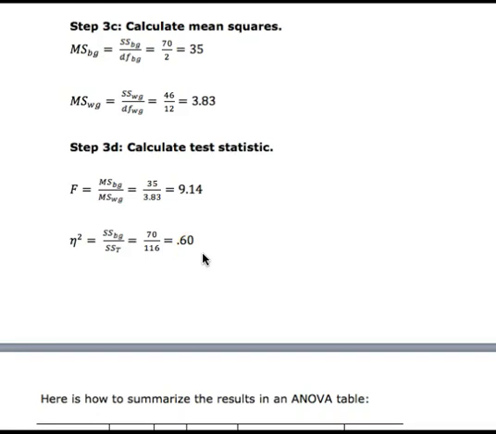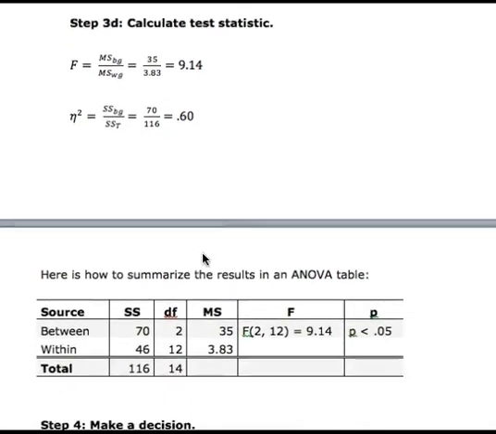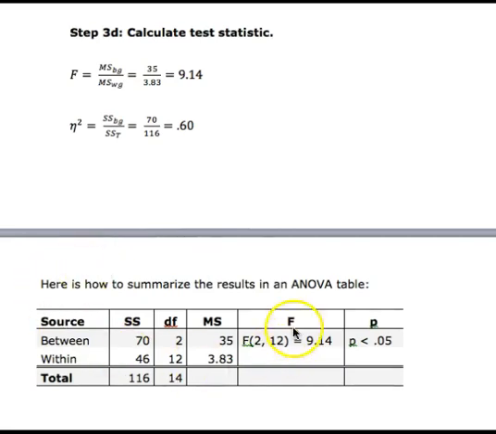Now, I want to show you how this all fits into the ANOVA table real quick, because it's really easy to just plug all these numbers into the ANOVA table, right? It's a summary table, which helps you to see everything visually. So here are the sources of variability: between, within, and total.